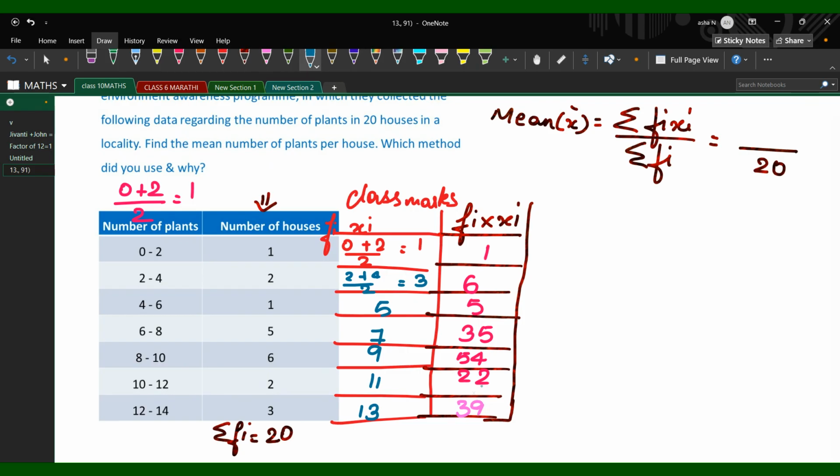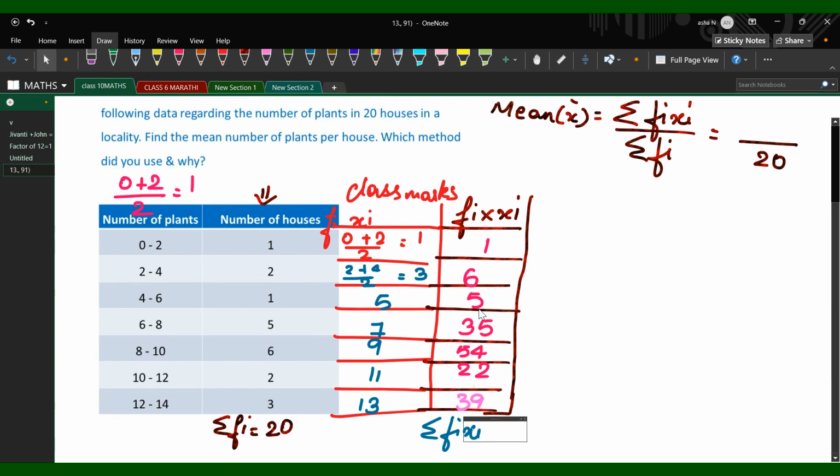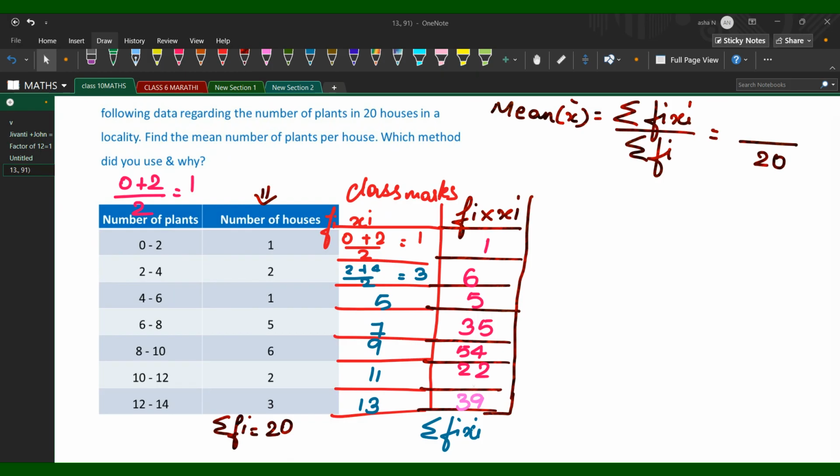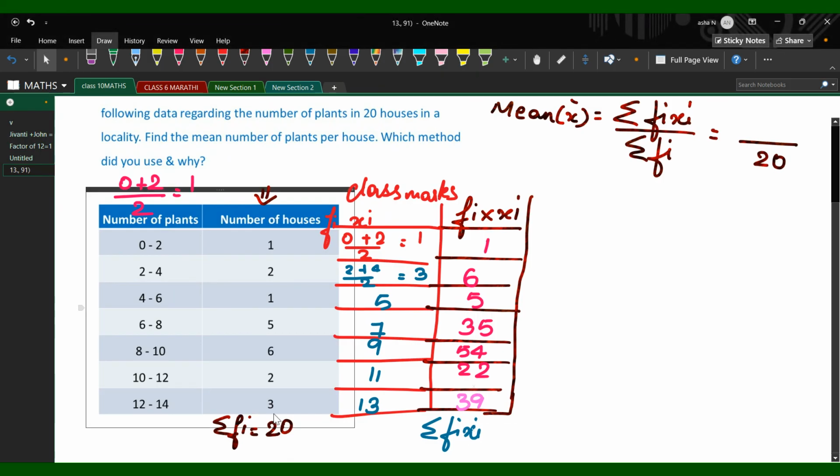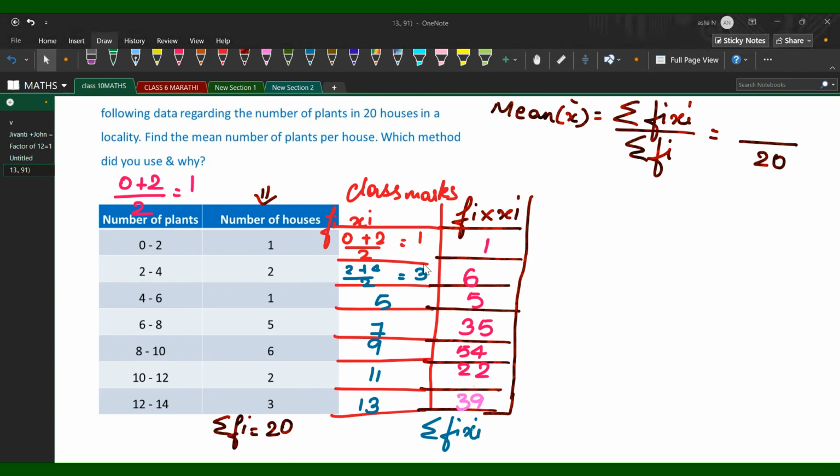Now after this, we will find the sum of fi xi. 1 plus 6 is 7, 7 plus 5 is 12. 12 plus 35 is 47. 47 plus 54 is 101, plus 22 is 123, plus 39.